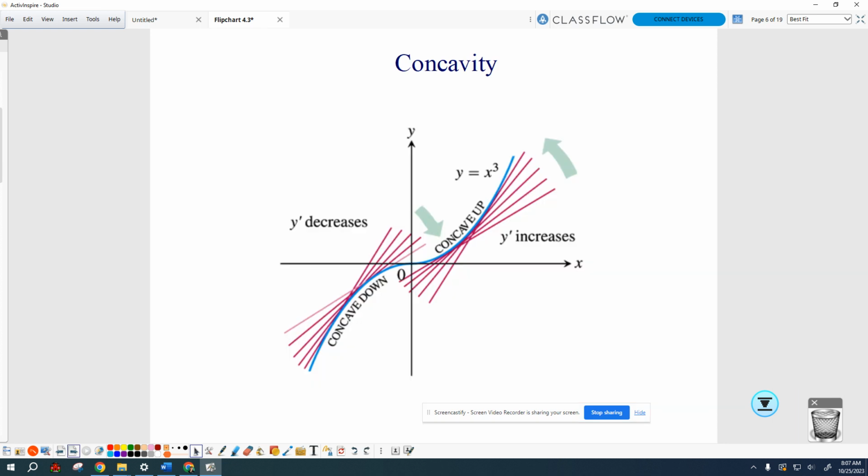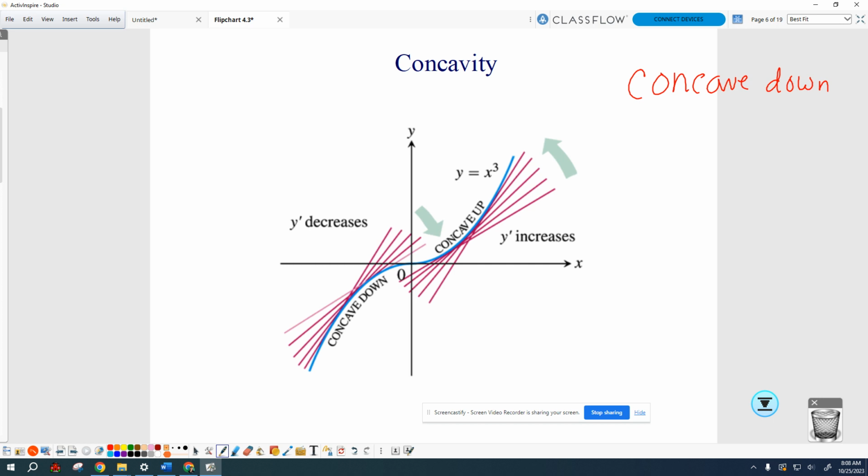Okay, concavity. We sort of told you this last year in pre-cal, we're like, oh, it's curvy this way or curvy that way, we call it this. So what concavity means, well, we had a thing to tell you last year to remember which was which.